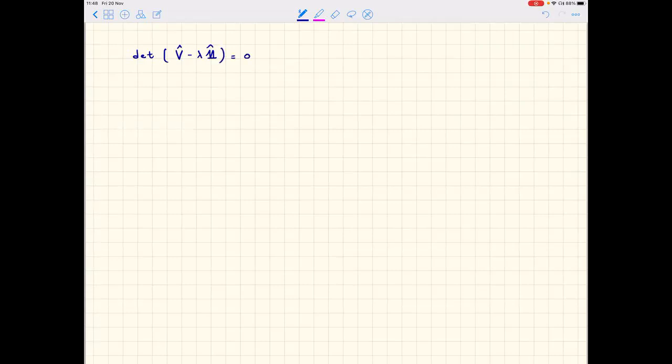And what I find in general, and I invite you to do the calculation, is that lambda plus and minus is equal to e to the beta J cosh beta h, plus and minus the square root of e to the 2 beta J cosh squared beta h minus 2 sinh beta J.